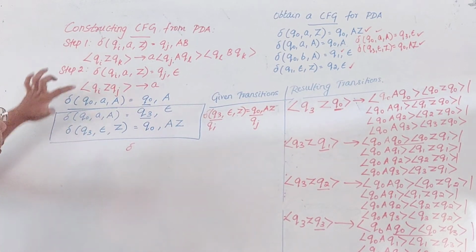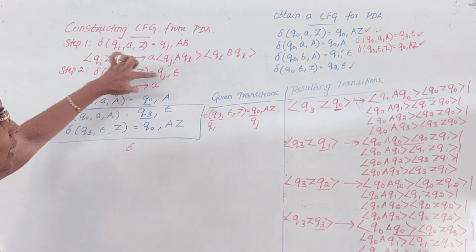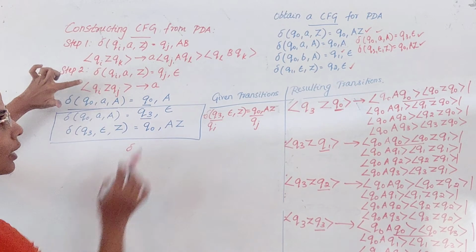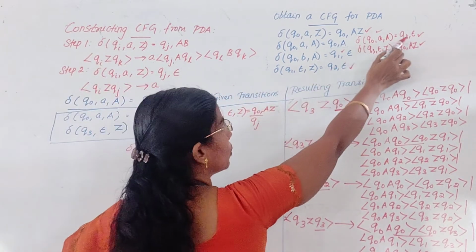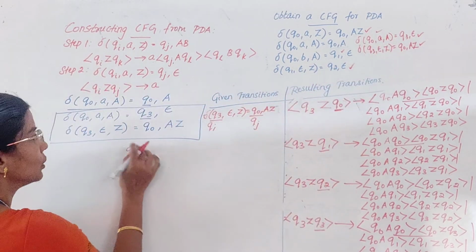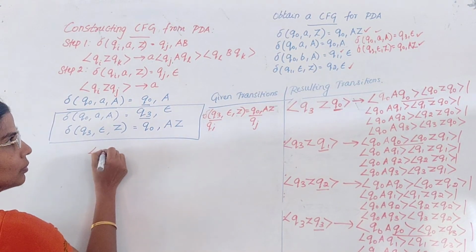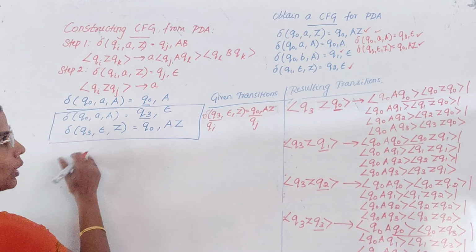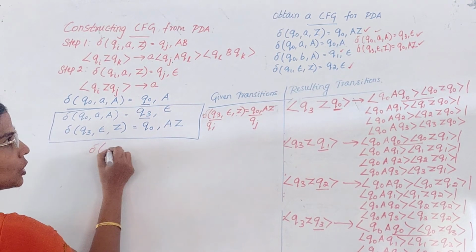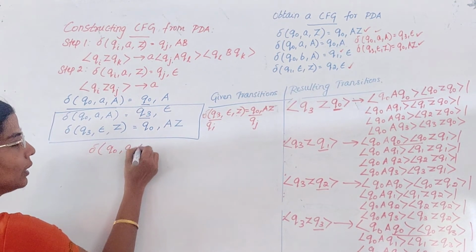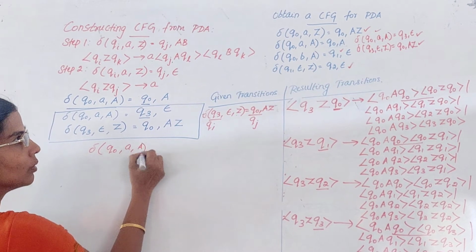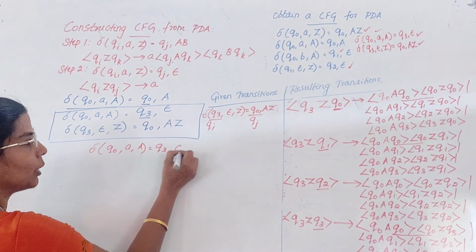So how to write Qi? Yes, there is a state change: Q naught, Q3, and stack is A. So directly I'll write the transitions. Q naught, A, which is equal to Q3, comma, epsilon.